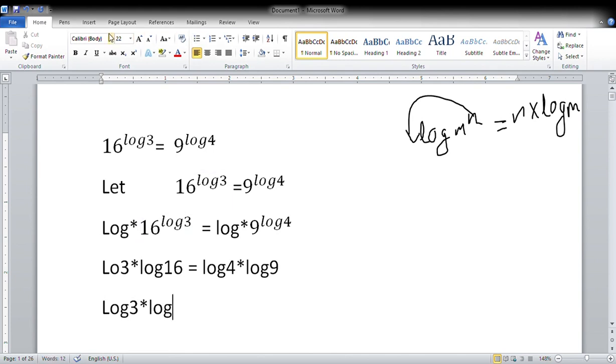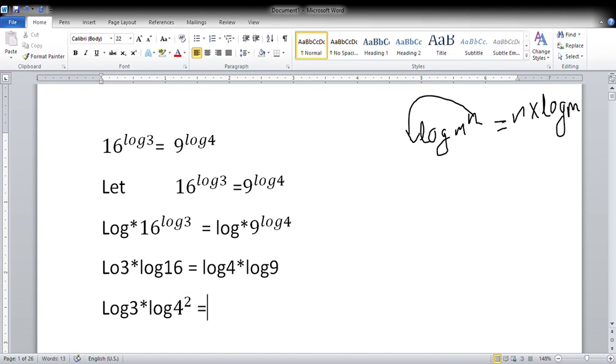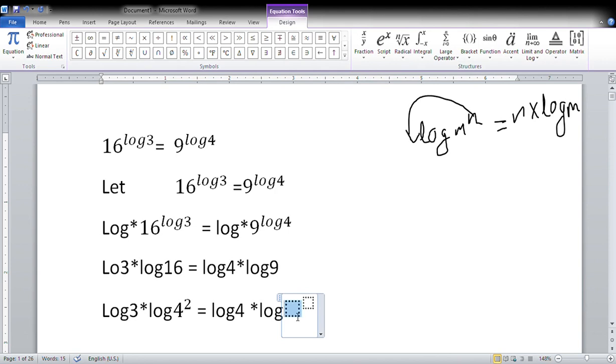We can write 16 as 4 to the power 2, that means if we add 4 two times, it will come to 16. So simply log of 4 to the power 2, right? At the same time, on the right hand side, log 4 multiplied by log 9, and you can write 9 as 3 square, a simple thing. So log of 3 square, right?